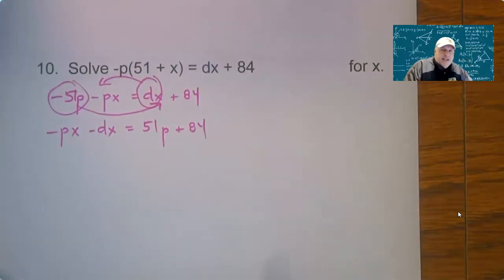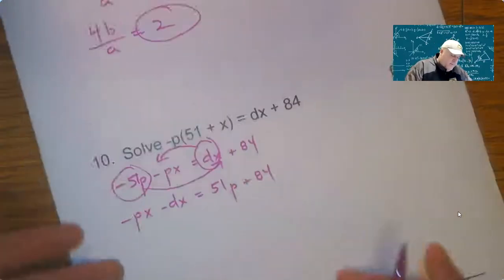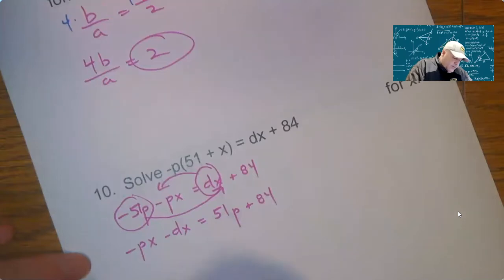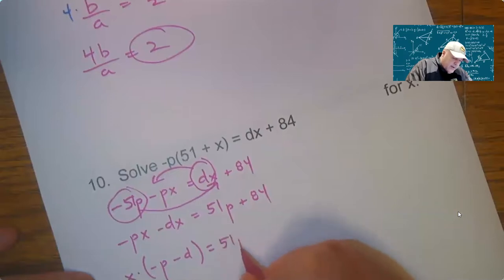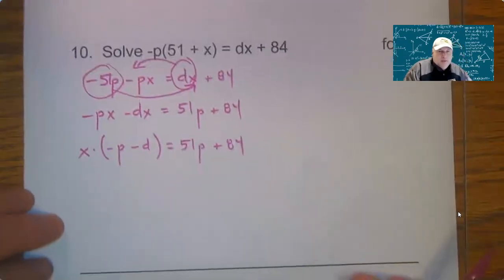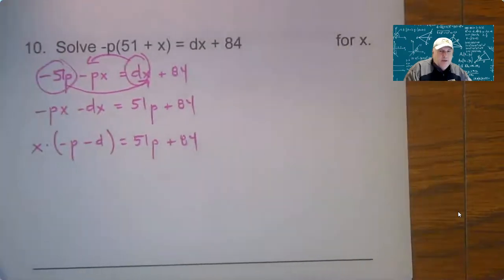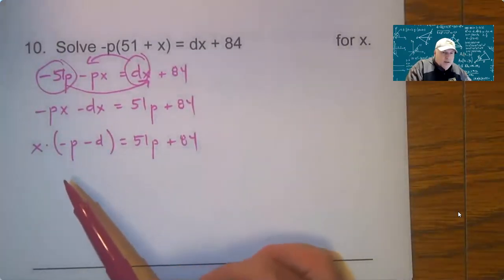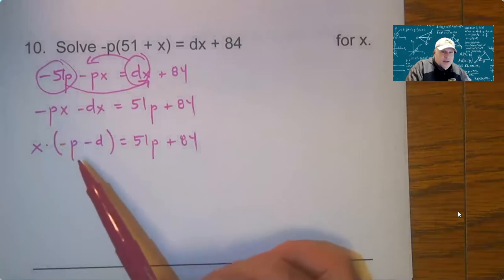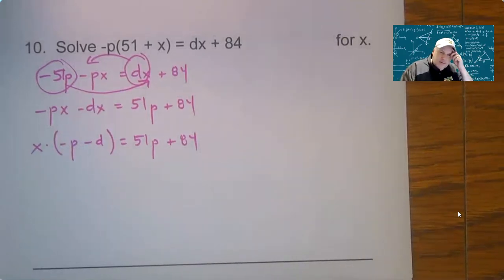And so to get the x by itself, this is kind of like the first step where you're going to undo. It's like factoring it out because it's replicated. The variable's replicated. We can't have that when we're trying to solve for it. So we're going to factor the x out. It's kind of like going backwards. And then you're left with the negative p minus d.